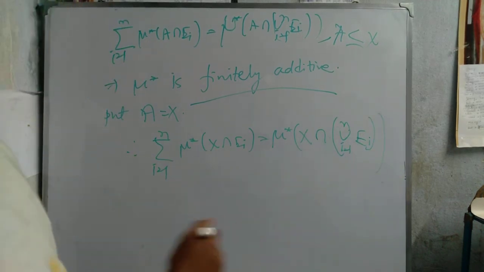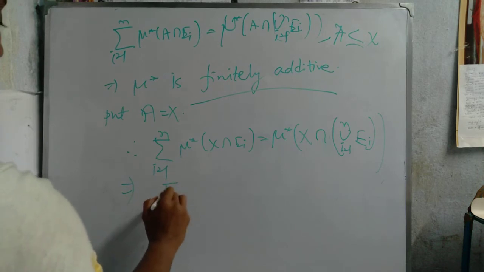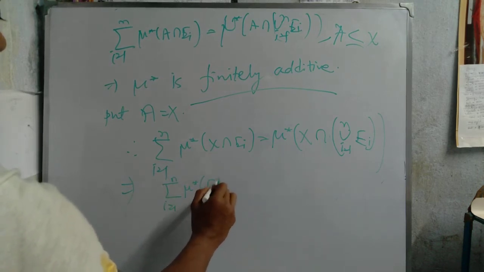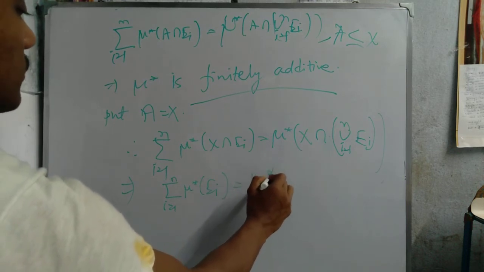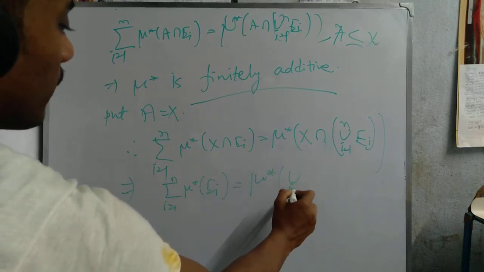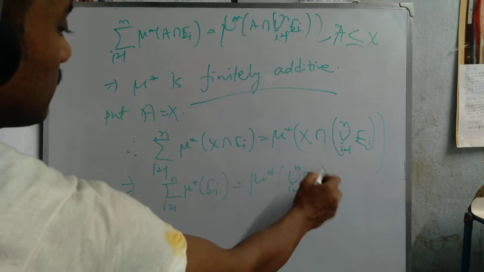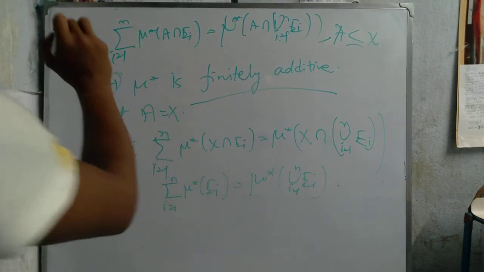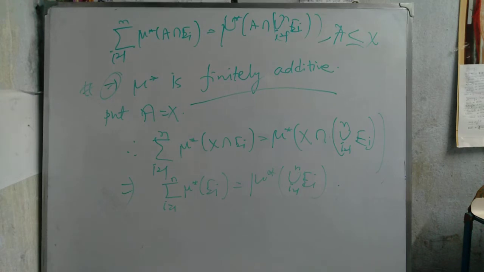Okay, then this implies that summation i equal to 1 to n mu star Ei equal to mu star union of i equal to 1 to n Ei. Then obviously we do this result. Mu star is finitely additive. Yes or no? I think yes.